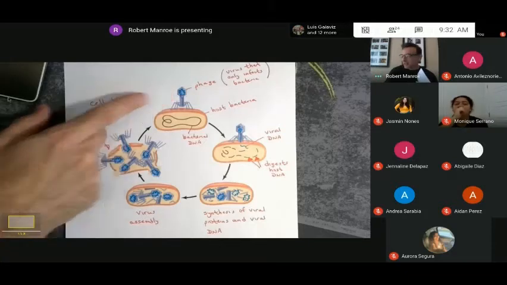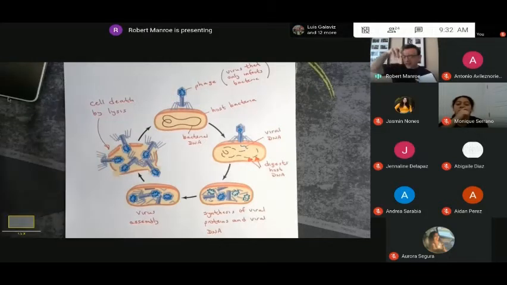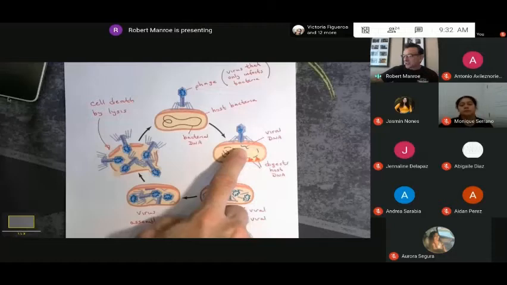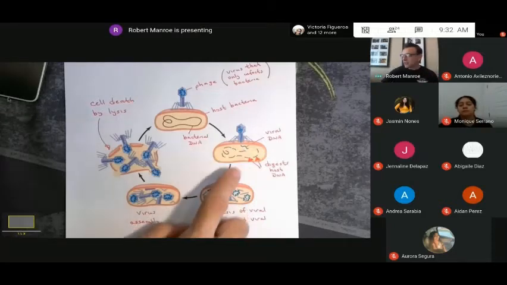Google it, they're fascinating. The phage lands on the surface of the bacteria and then squats down, and there's this spiral protein, looks like a spring, and what it literally does is inject the genetic material of the virus, kind of like a syringe. The genetic material is then injected into the host.